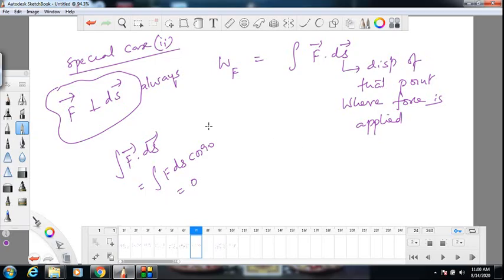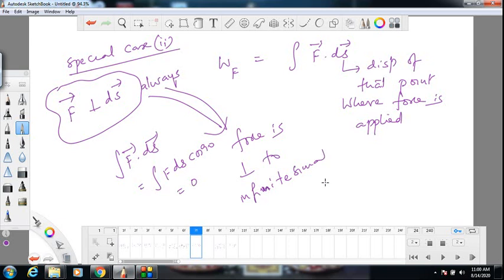So this statement implies force is perpendicular to infinitesimal displacement at every moment, not at one moment, at every moment it is happening.